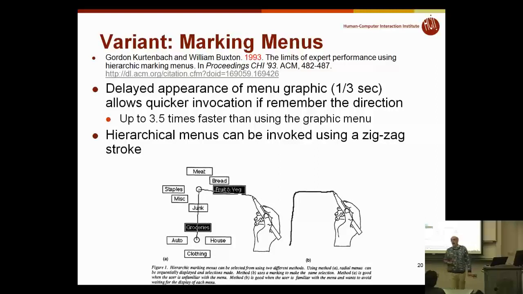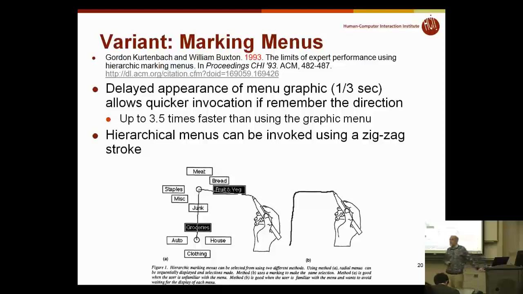It basically lets you avoid the graphical time and the think time if you know exactly where you're going. And so they put this into some of the products. They both went to work for a company called Alias, which is now part of AutoCAD, in a product called Maya. And a lot of these mechanisms are there.